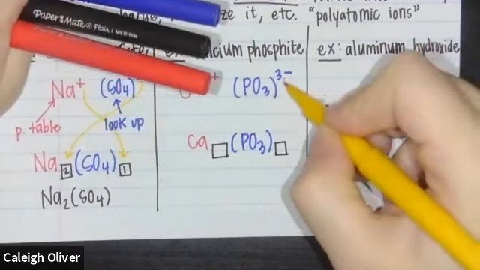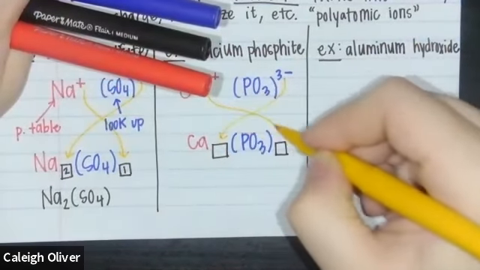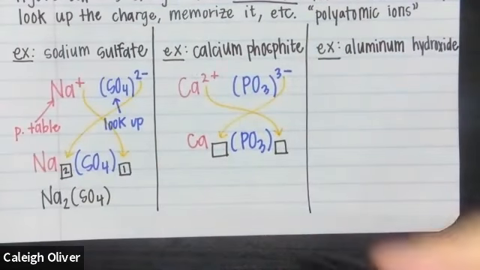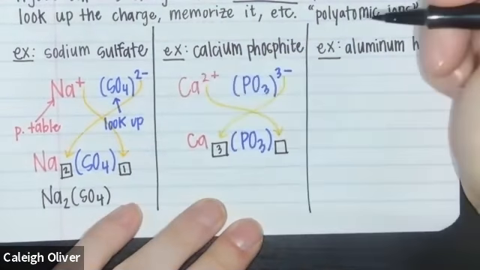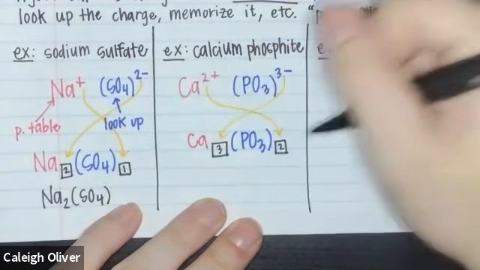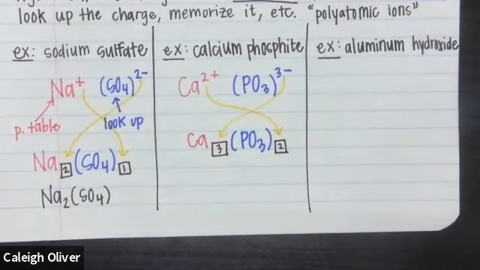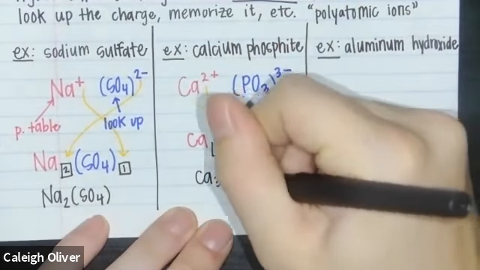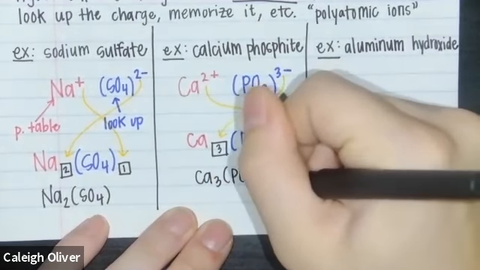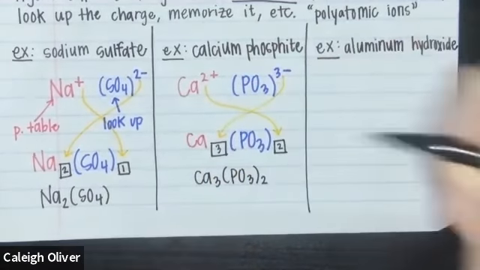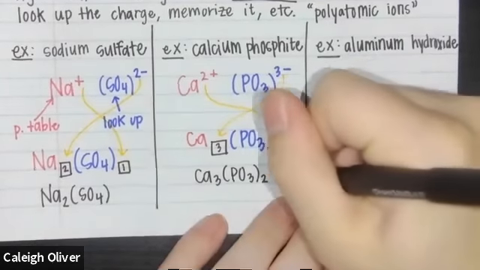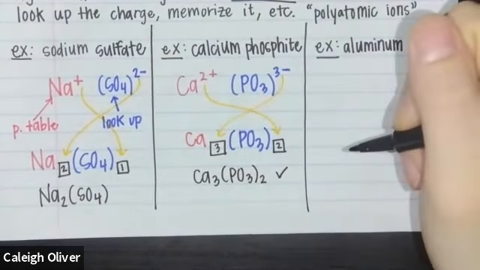I can just use the little trick here. I'll need 3 calciums, 2 phosphites, Ca3(PO3)2. You should leave it this way.